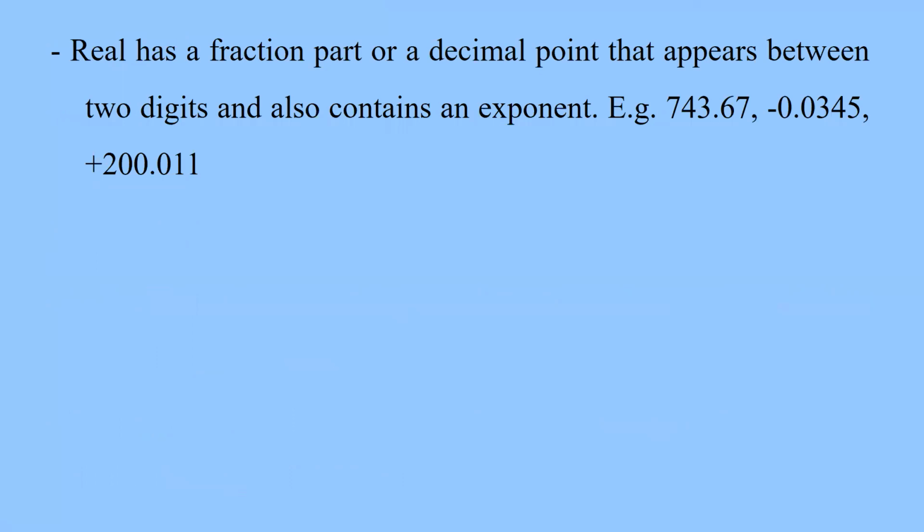When we talk about reals in programming, we are referring to data which contains a fractional part or a decimal point. And this decimal point can appear between 2 or more digits, as well as containing an exponent. For example, 743.67. Then another example is negative 0.0345.